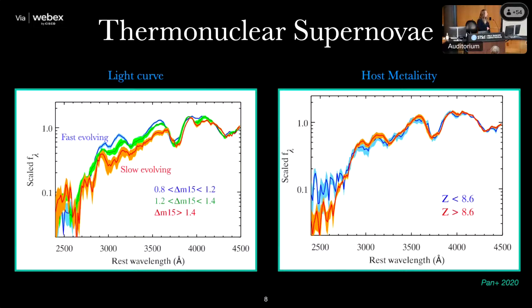So fast evolving supernova seem to be near UV bright and maybe suppressed in the mid UV, where the slower evolving light curves seem to have the opposite effect. You can also see that there's a metallicity effect where there's a lot more mid-UV suppression here in higher metallicity cases. And so it's possible that these types of trends can be used to standardize the UV, but right now we have maybe 30 supernova that we can do this with. It would be great if we had more and we knew what was going on at wavelengths below this.